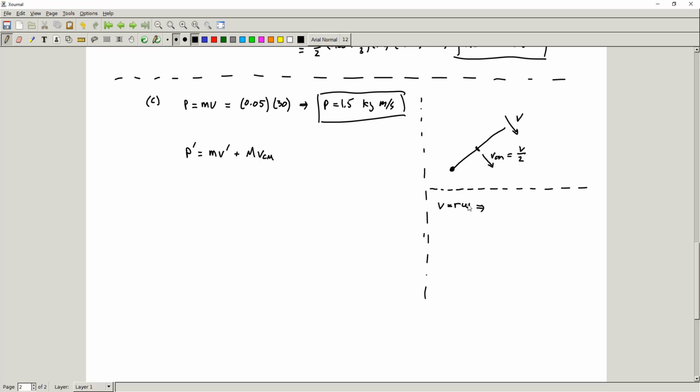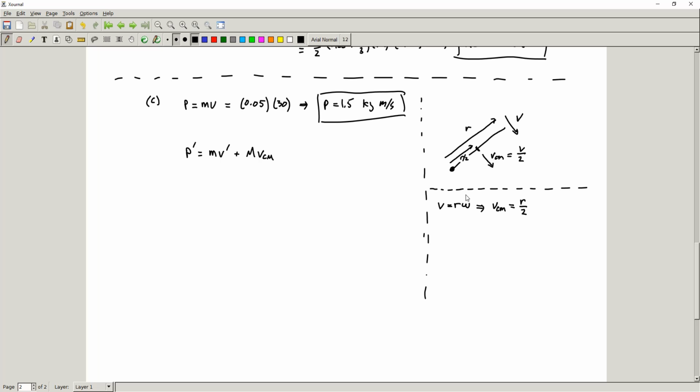What if our velocity that we're looking for is the center of mass velocity? Well, that's the center of mass velocity, and that velocity is happening at a radius r over 2, right? It has to be true that if this is r and the mass is evenly distributed over the rod, then this must be r over 2.